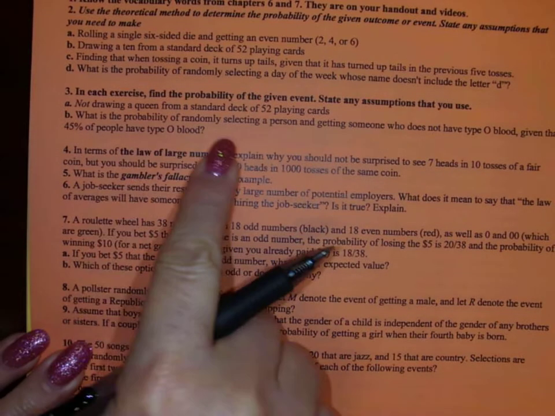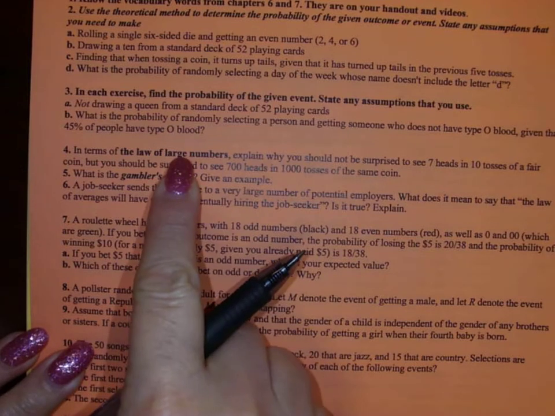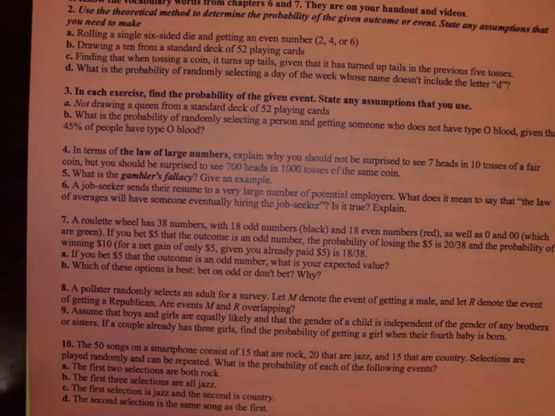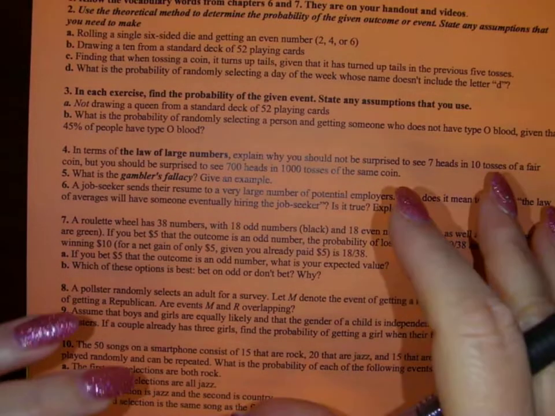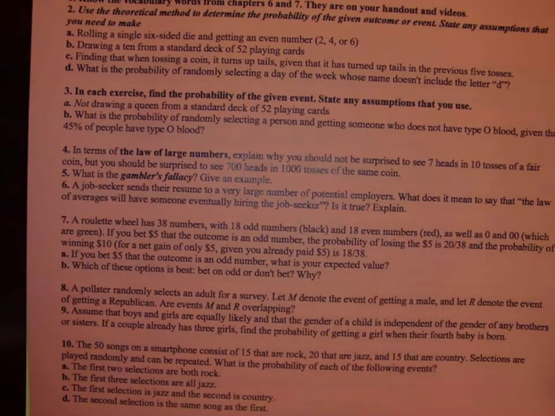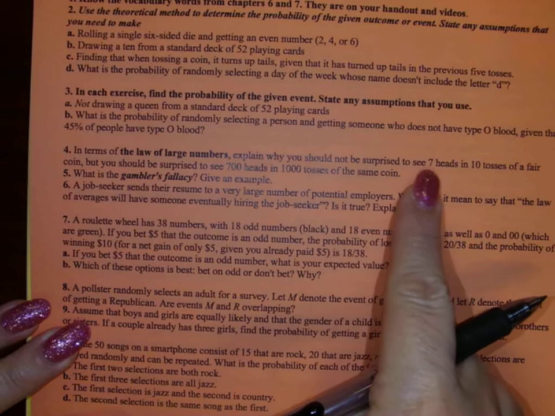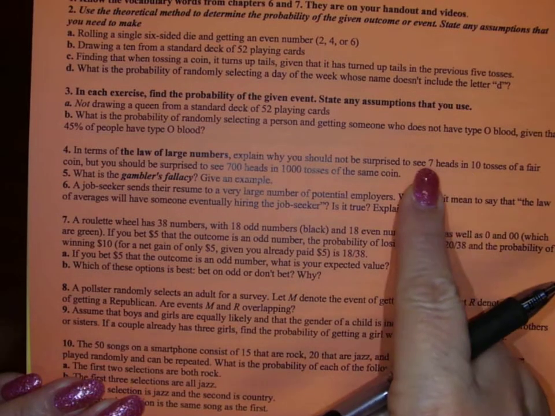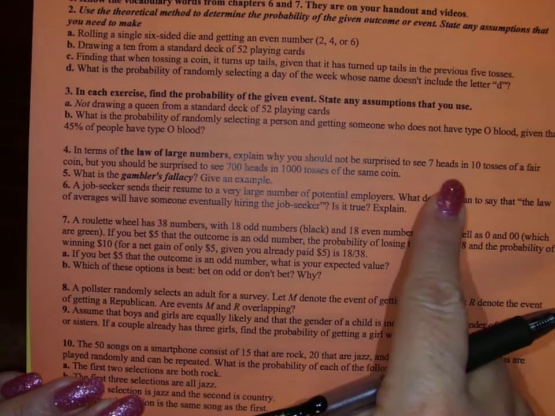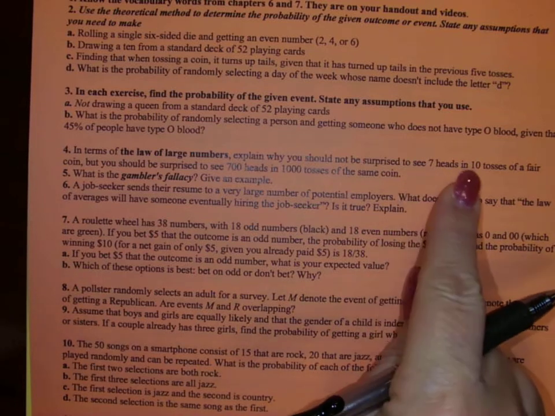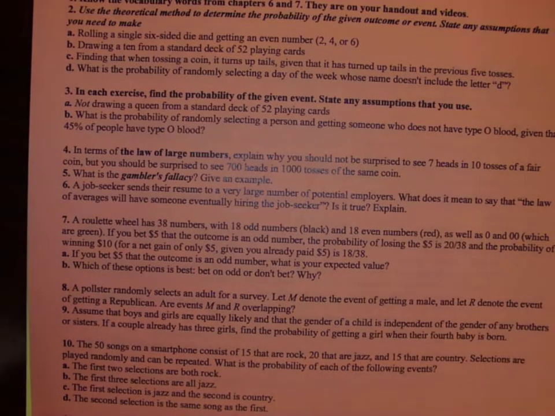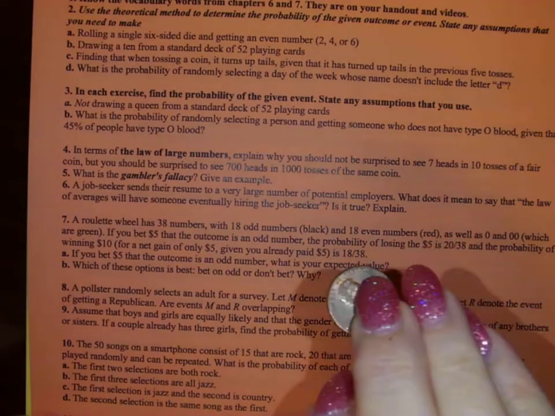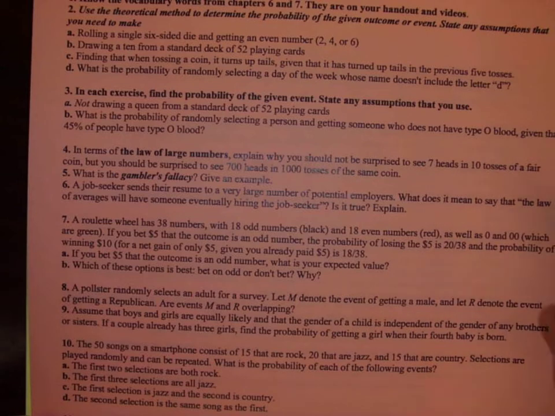Well, the law of large numbers states that the larger the number of tosses, in this case, the tosses of the coin, the closer we should get to our expected value. In the small numbers, which is 10 tosses, we should probably expect that we're not going to get 5 out of 10, right? The 1 out of 2 on flipping a coin is because we have 2 sides, right? So it's a 50-50 chance.